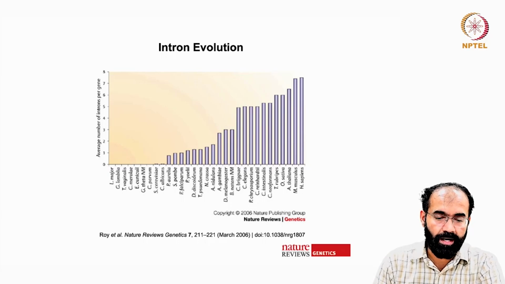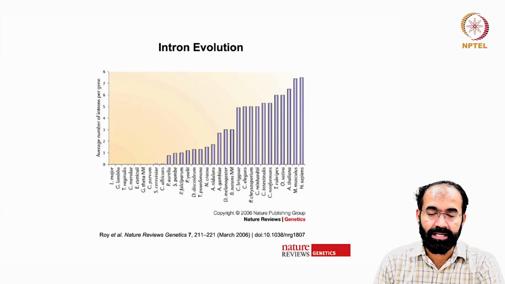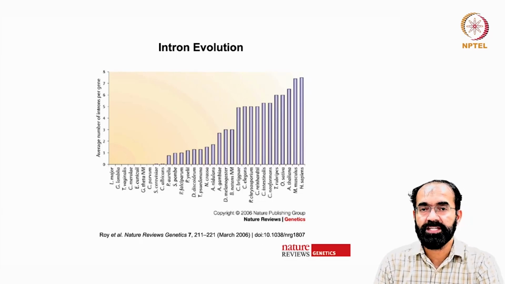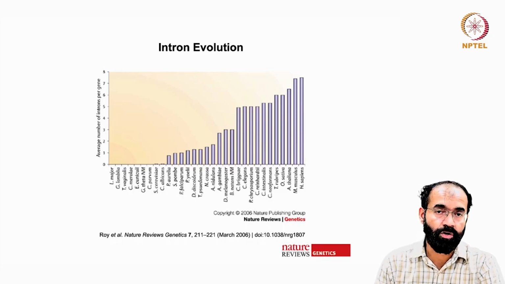You can see here 1, 2, 3, 4, 5, 6, 7, 8. The average number of introns per gene in Homo sapiens is 8. This number remains more or less the same in the mouse and then slowly decreases.